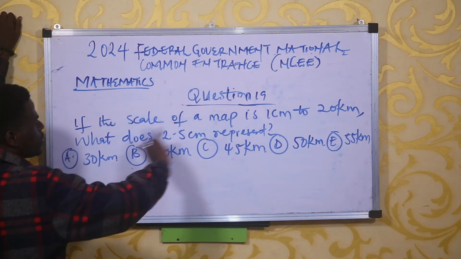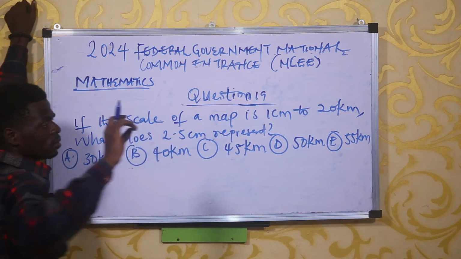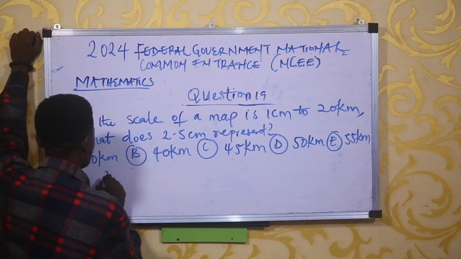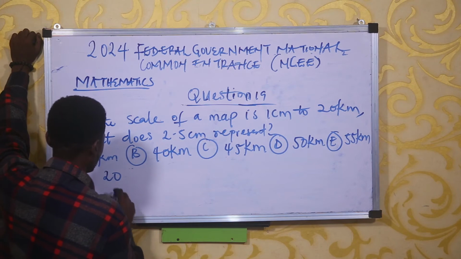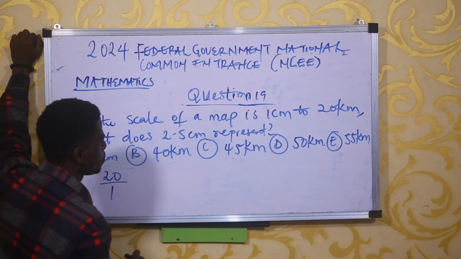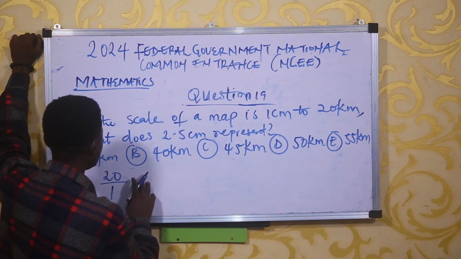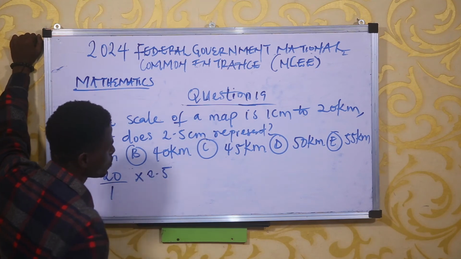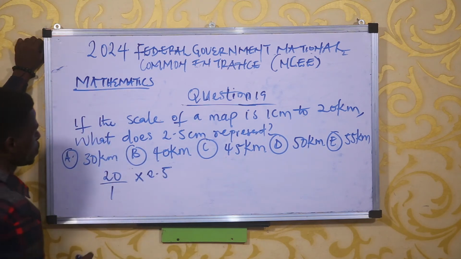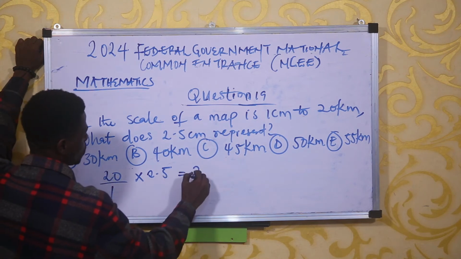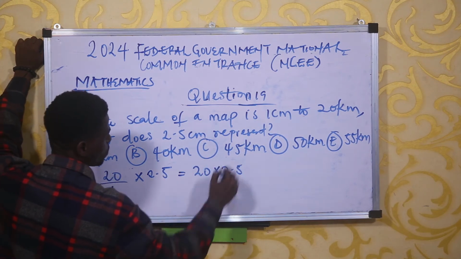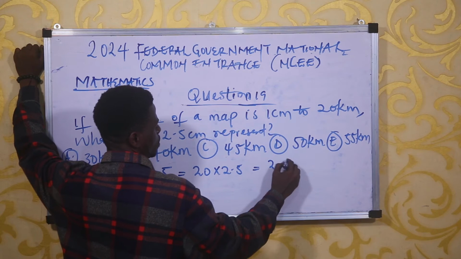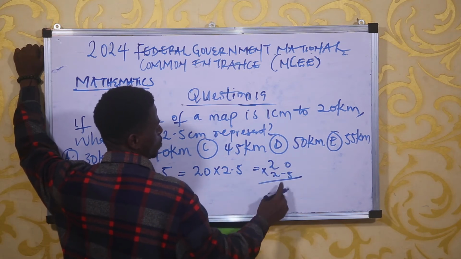So we have 20 divided by 1, then we multiply by 2.5, because of the question given there. 20 divided by 1 will give us 20 times 2.5. Take note of that.